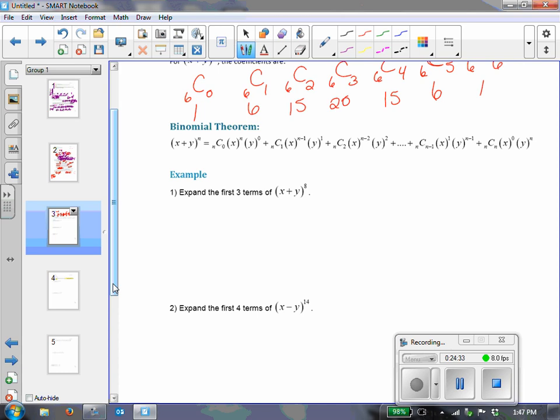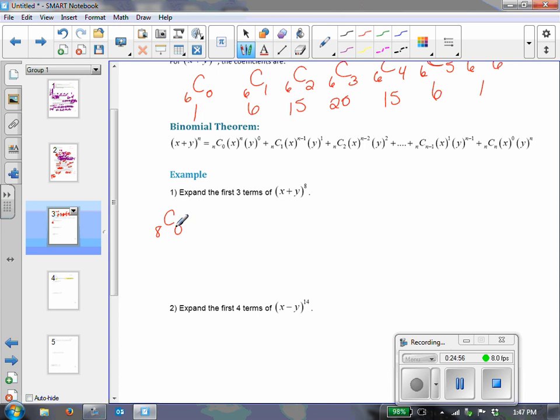What's the coefficient of the first term? 1. Okay, let's put it in combination form so we keep the pattern going: 8 choose 0, because that's our first term, right?